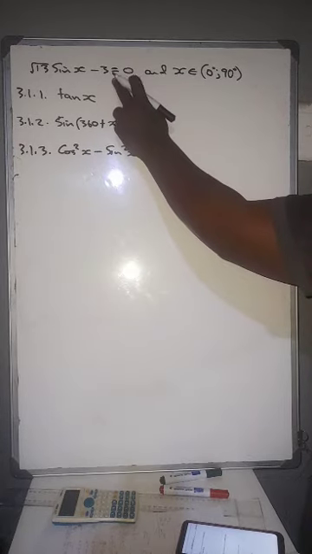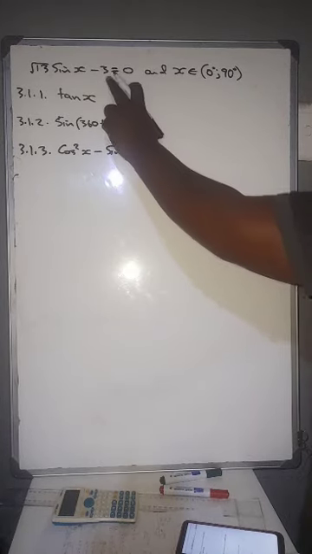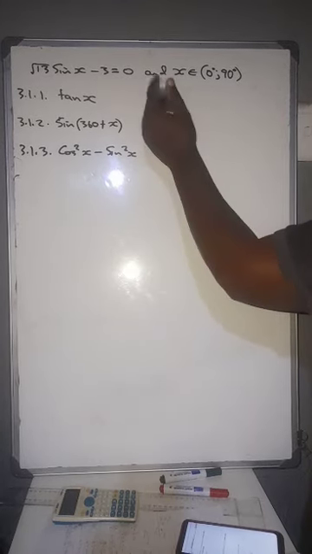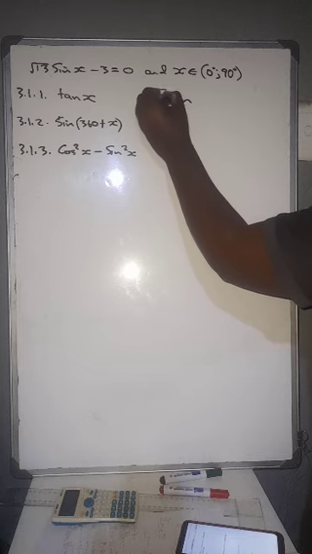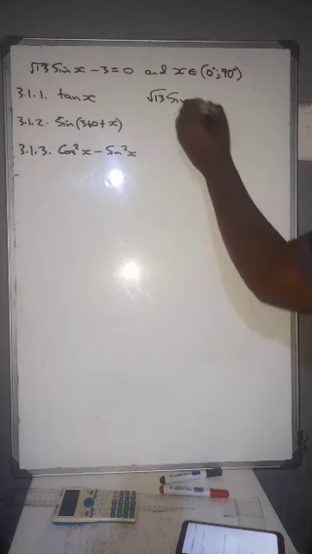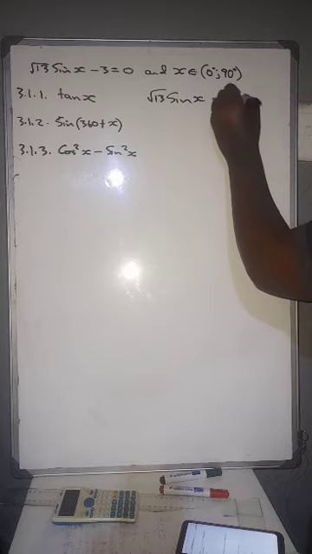Remember, get the question paper to make sure you see what the questions are saying in full. We need to draw the diagram here. For us to draw the diagram, the first step, we need to rearrange this one. Let's take 3 to the other side. So we have root 13 sine x is equal to 3.